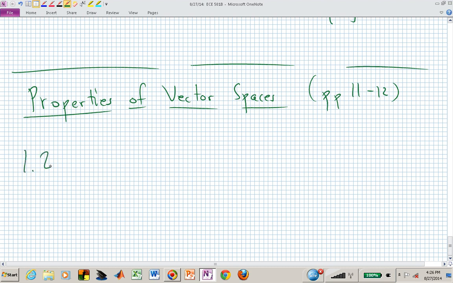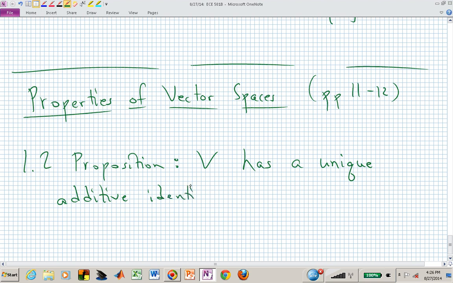Proposition 1.2. This says V, a vector space, has a unique additive identity.